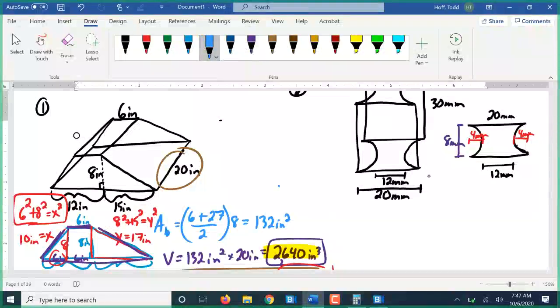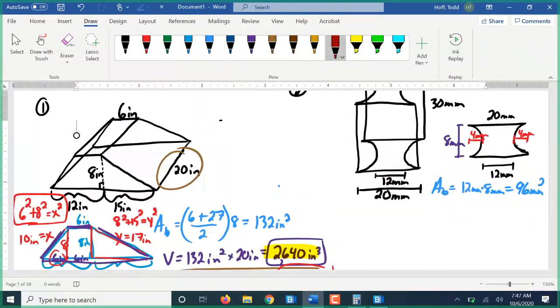So when finding volume, to find the area of our base, we're going to start off with 12 millimeters by 8 millimeters, giving us 96 millimeters squared. From that, we're going to have to subtract that circle.